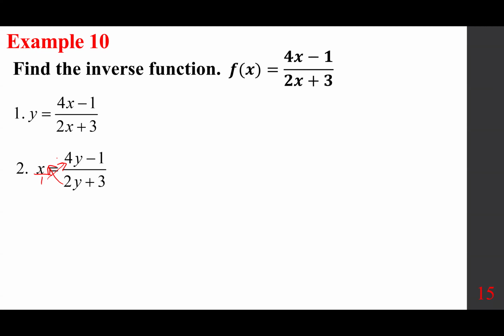We do the cross product. x times 2y plus 3 is 1 times 4y minus 1. So x times 2y is 2xy, x times 3 is 3x, and 4y minus 1 doesn't change because you're multiplying it by 1.